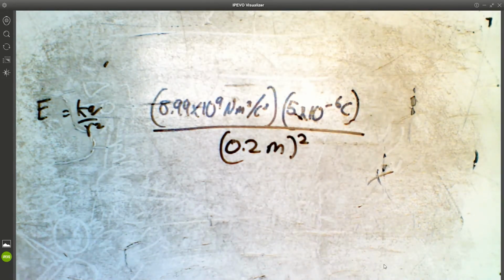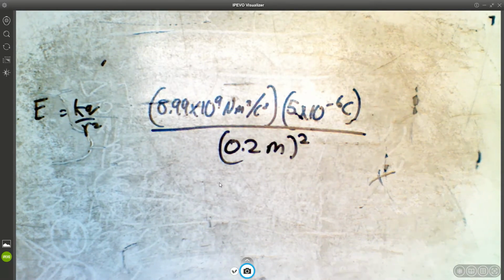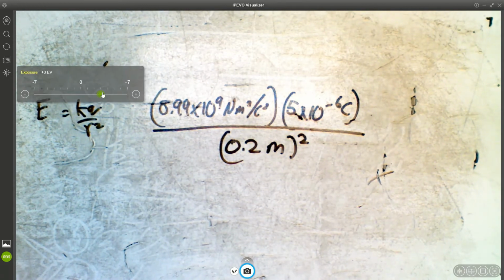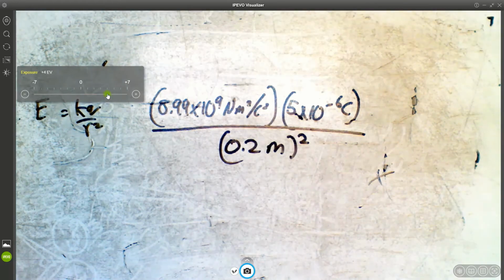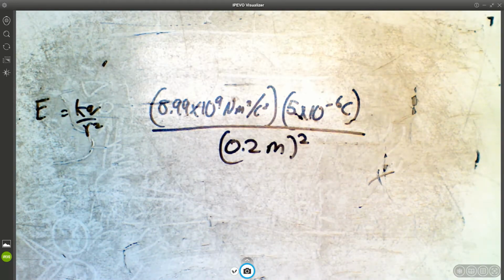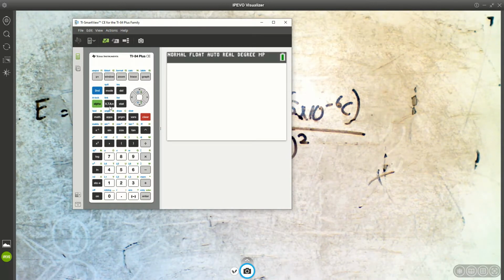So if we plug that into our calculator, K times 5 times 10 to the -6 divided by 0.2 squared, we get the magnitude to be 1.1 times 10 to the 6.